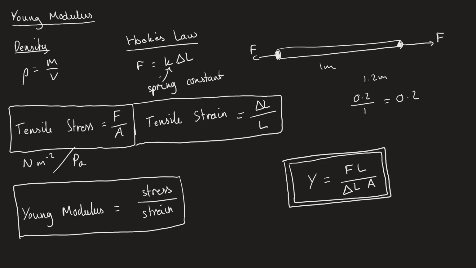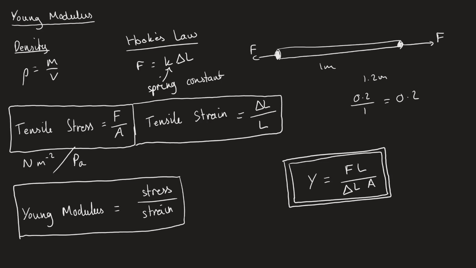Okay, so now we've defined what the Young modulus is. It is the ratio of stress over strain, which basically means the more force that we put in over some area, we're going to get a larger extension. Now, I'd like to point out again, this Young modulus is a constant property of a single material. If I change the length here, I'm not going to change the Young modulus, okay?